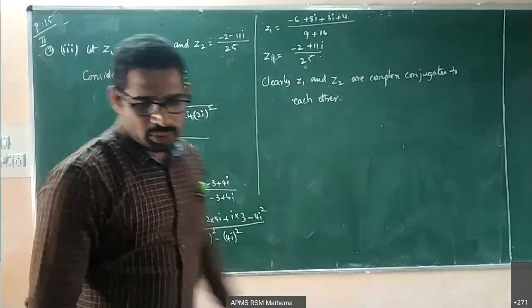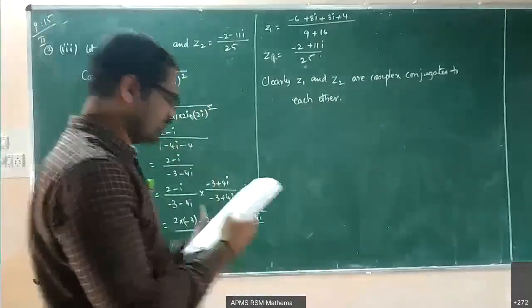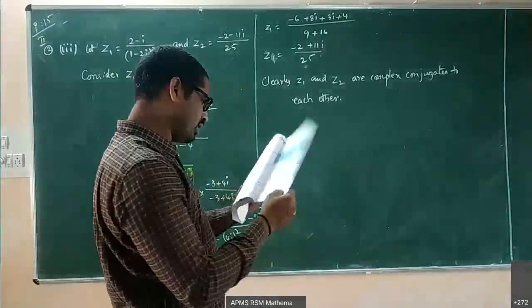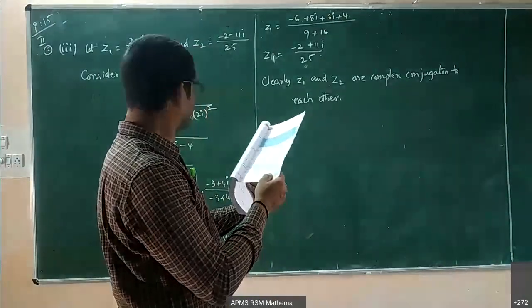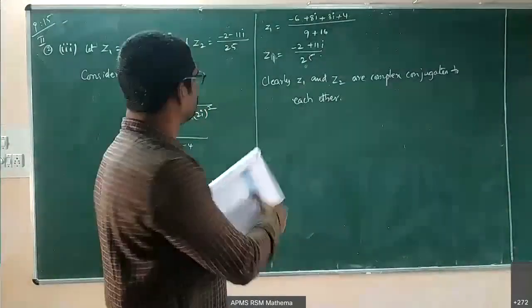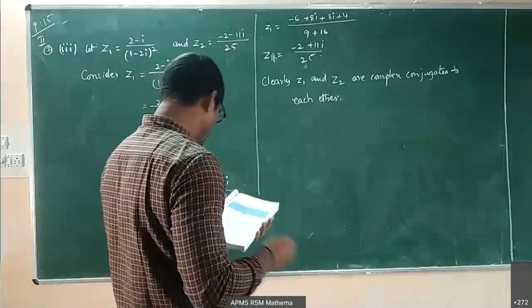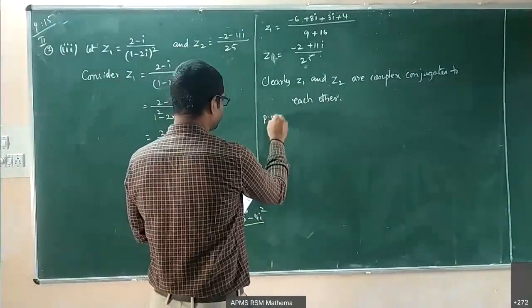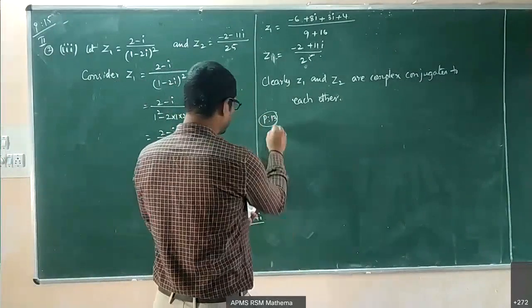The example problem I'm going to write down is very similar to this. I think it is the same as this. Yes. So no different. So page number 13, second example.